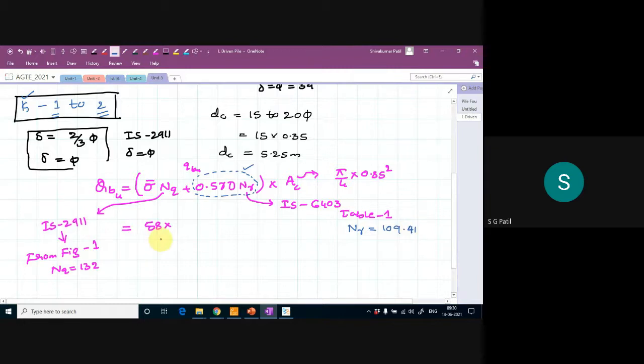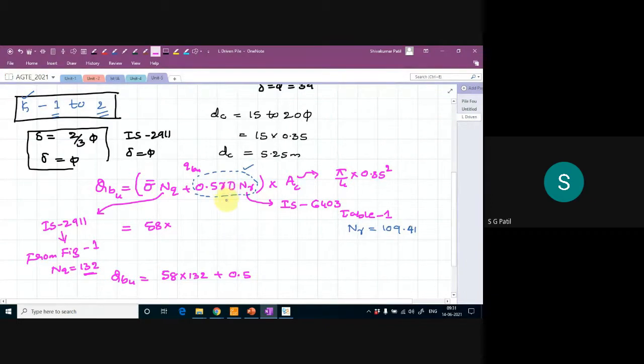Now put everything here and get the Qbu value. Qbu is equal to 58 into Nq, Nq is 132, plus 0.5 gamma.